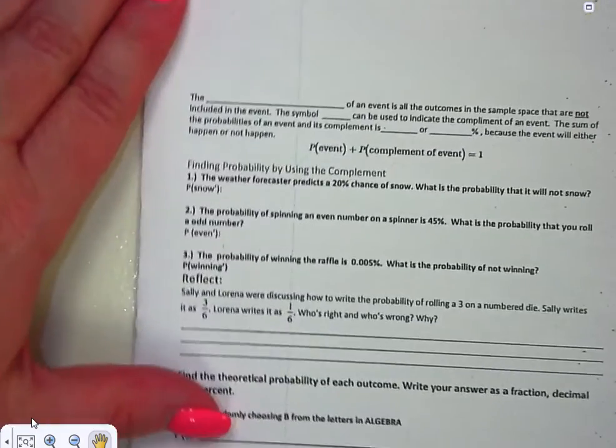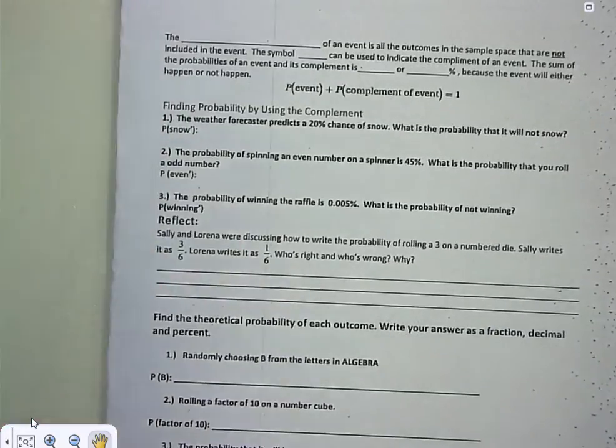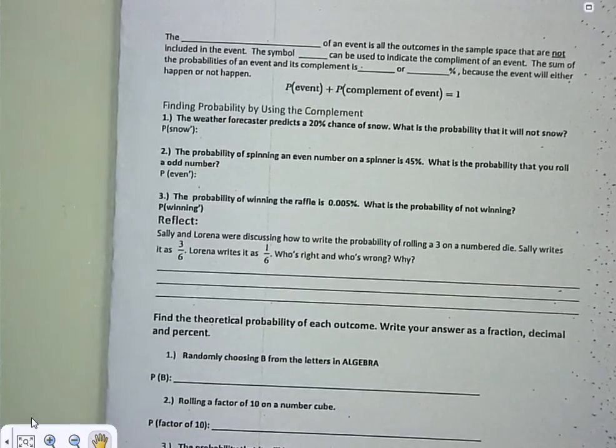We talked a little bit about this the other day on the skills practice that we did, the problem where there was a 12% chance that it was going to be windy. So what was the chance that it was not going to be windy? It was 88%. So if I know that it's a 12% chance it's going to be windy, its complement is 88%.